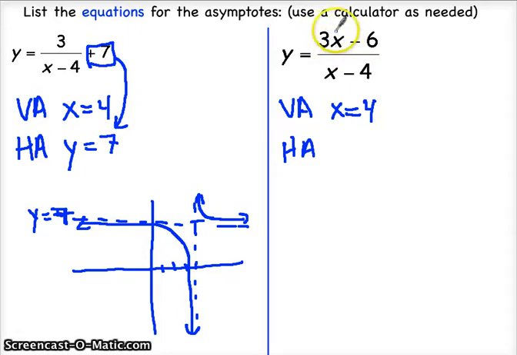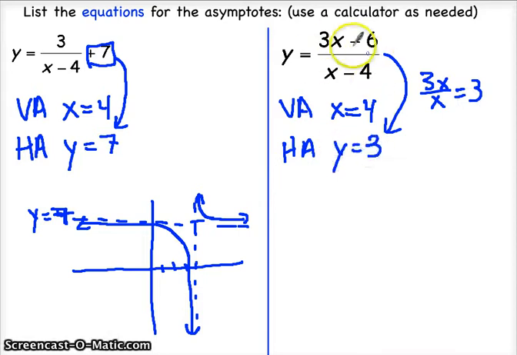And because this term of highest degree, the 3x, will always be 3 times as great as x to the first, we're going to do the comparison 3x over x, or basically it becomes 3. So your horizontal asymptote, or when you plug in very large numbers way out to the right or left on a graph, is essentially going to become 3.